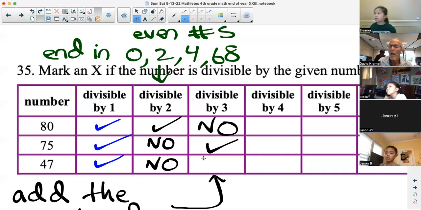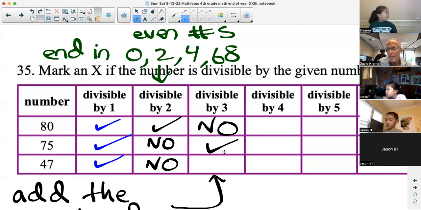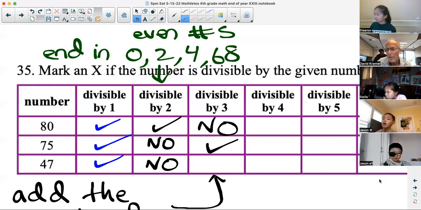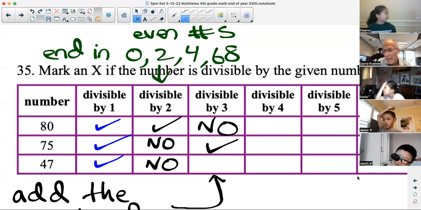Count by 3s, Jason, right now. 3, 6, 9, 12. Is 11 one of those numbers? No. 11 is not a multiple of 3.